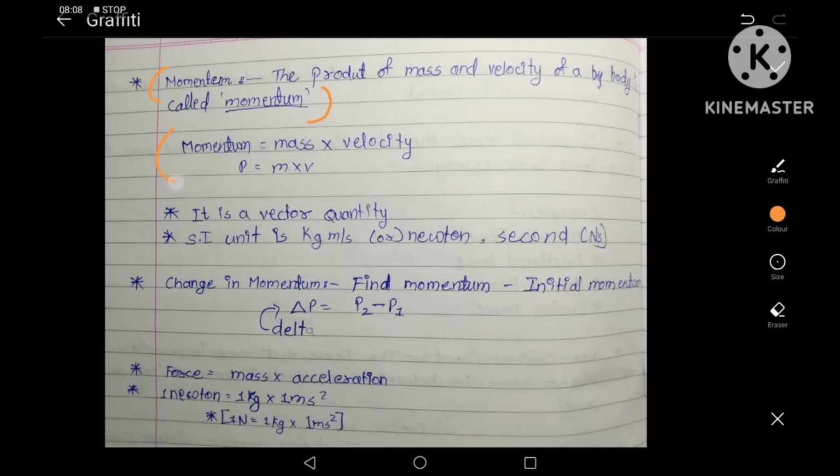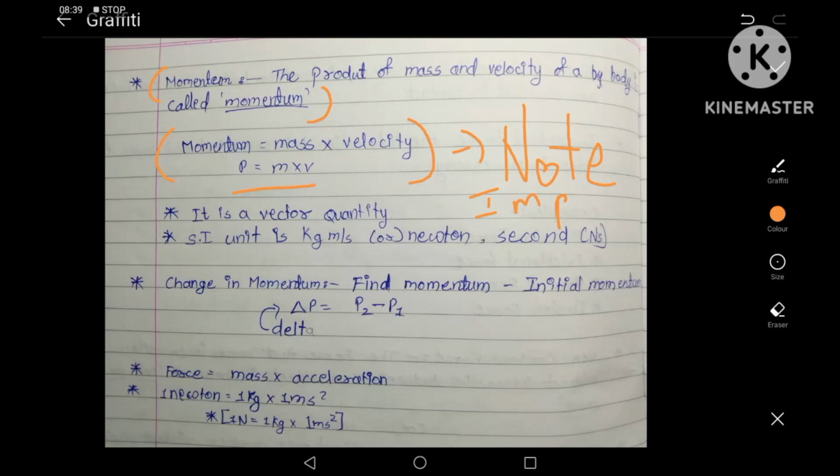So here is the formula for this thing. You have to note it. It's an important point. Momentum is equal to mass multiplied by velocity, or in mathematical form, P = m × v.